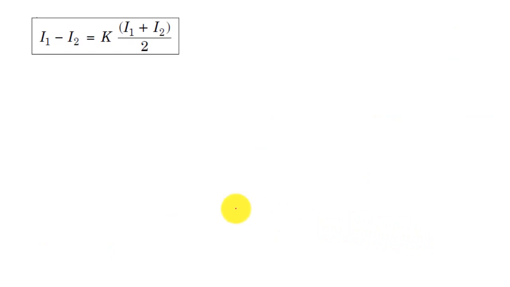From this equation we find that I1 minus I2 equals K into I1 plus I2 by 2. K is nothing but NR by NO, which is a constant, where NR is the number of turns in the restraining coil and NO is the number of turns in the operating coil.